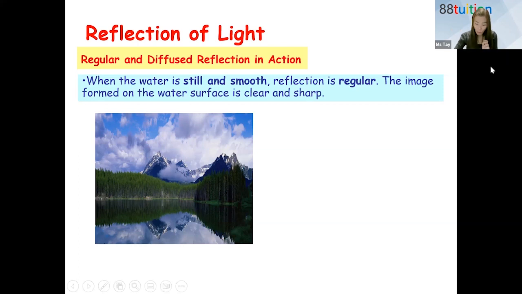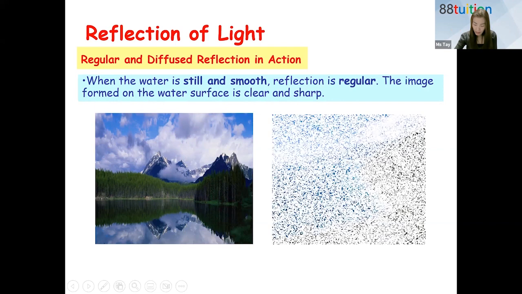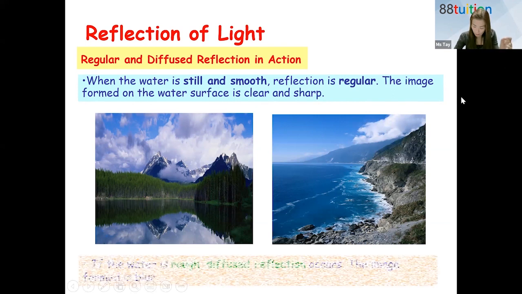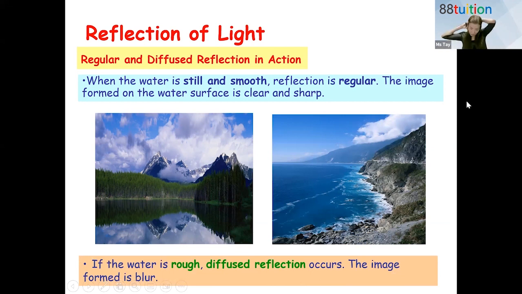However, if let's say the water is not calm, it's not still. For example, this one. Can you see any image there? Any reflection there? You can't see, right? So for diffuse reflection, most of the time you either don't see an image or you see an image that is blur. Okay? They say the water is rough because the water is moving.